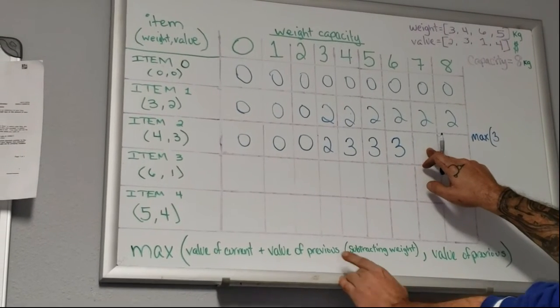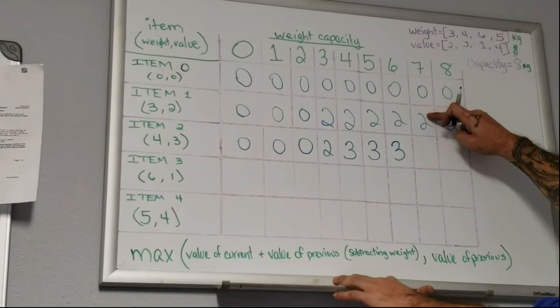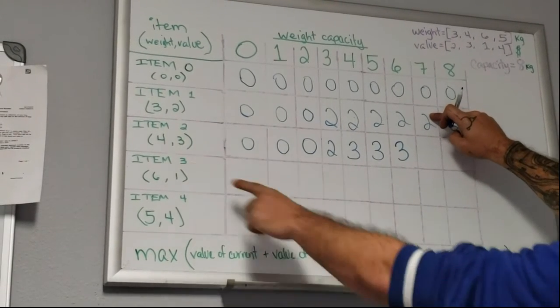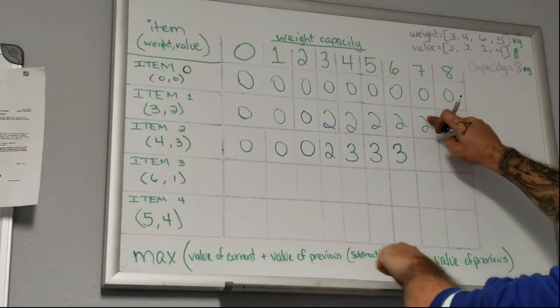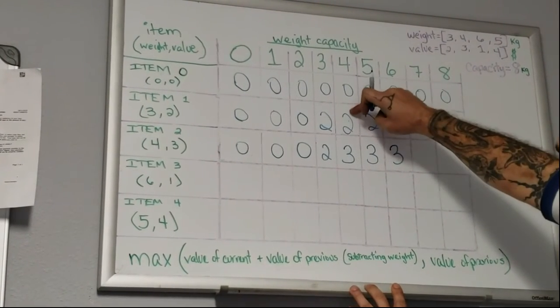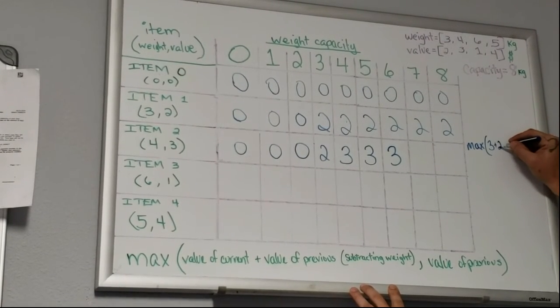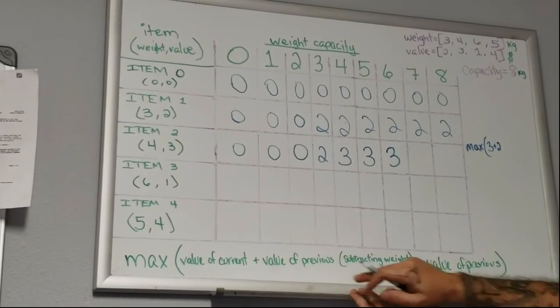Now we're going to find the value of the previous. We refer to the row above, and we're going to count the weight because we're subtracting the weight here. So we're going to count the weight by 4. 1, 2, 3, 4. Our value is 2. So we're going to add 2 for the previous value.